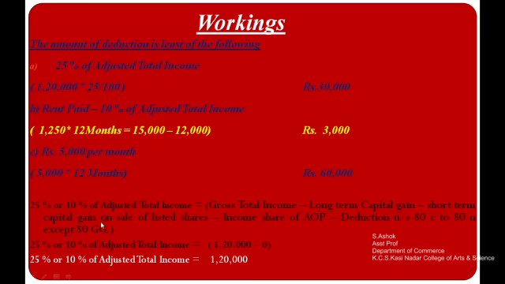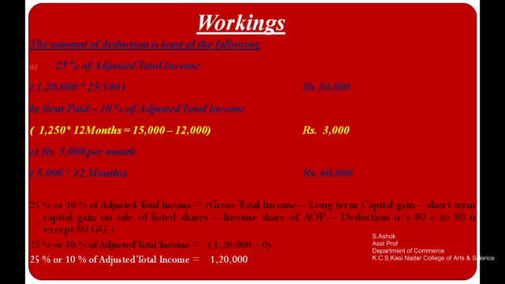In the arrow mark I have shown that adjusted gross total income is equal to gross total income minus long term capital gain, minus short term capital gain on sale of listed shares, minus income share of AOP, minus deduction under section 80C to 80U except 80G. All those amounts are deducted from gross total income, and after that we get adjusted gross total income.